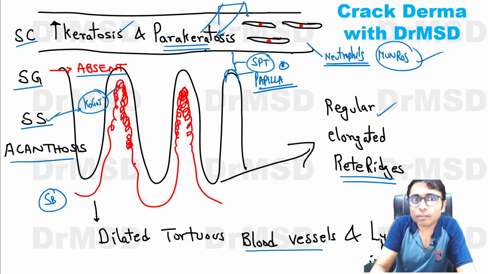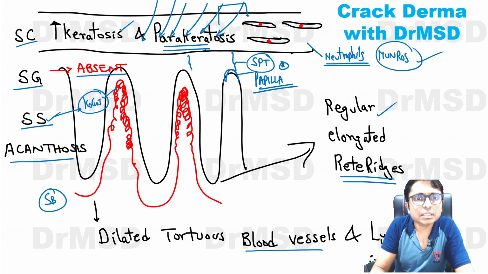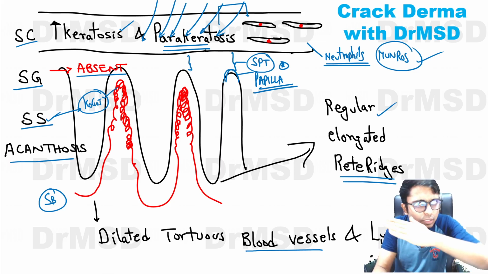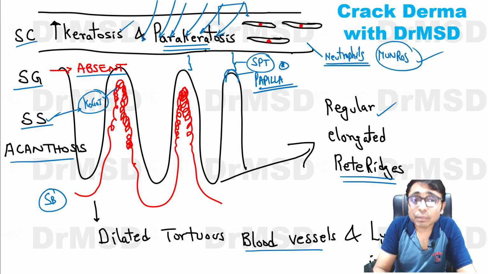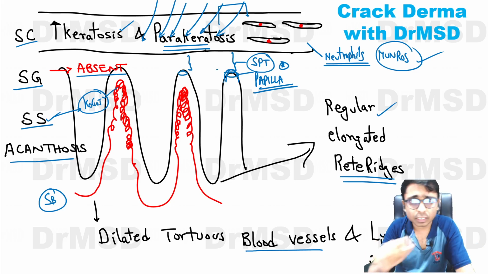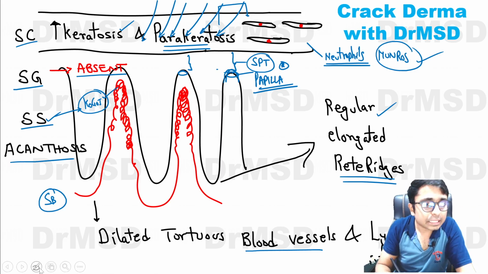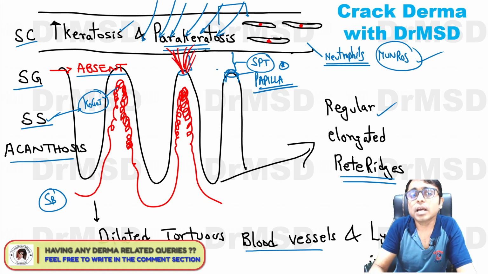And if you scrape off the stratum corneum, which is easily scraped off in the form of scales, it will be removed, and ultimately, because this suprapapillary area is very thin, if you scrape on further, the bulkless membrane will be exposed, and even if you remove that, the papilla, because of the shearing force, will be removed, and you can notice that the pinpoint bleeding is actually due to these tortuous dilated blood vessels which are present here.